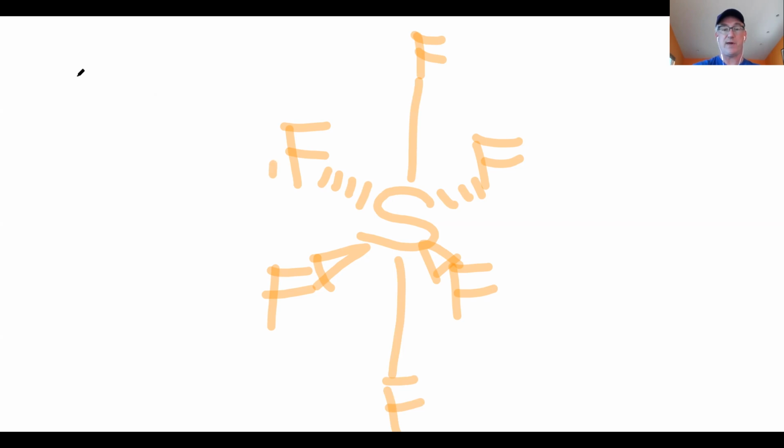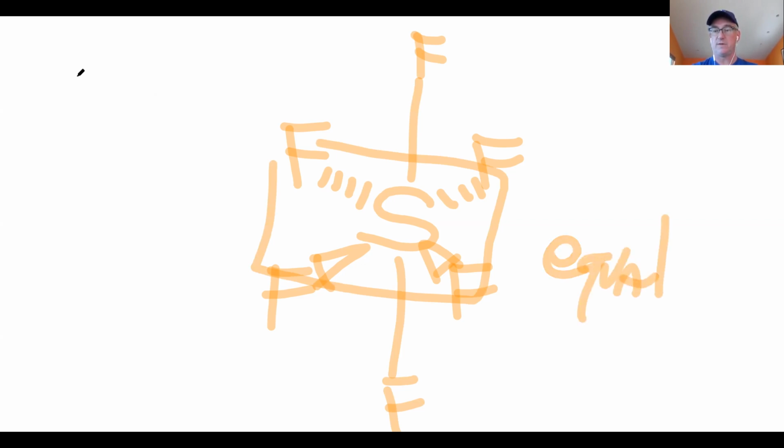So you have this sort of square surrounding the sulfur. Remember, these are the equatorial positions, and these are the axial positions. Although it's not as important as with the group of 5, because all these angles are 90 degrees. They're all the same, so it doesn't really matter how you put it together.